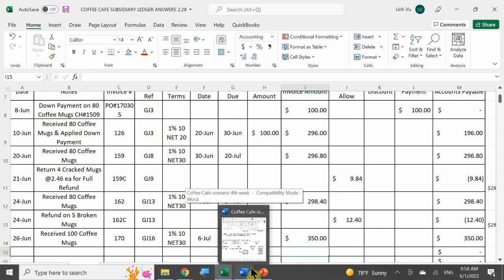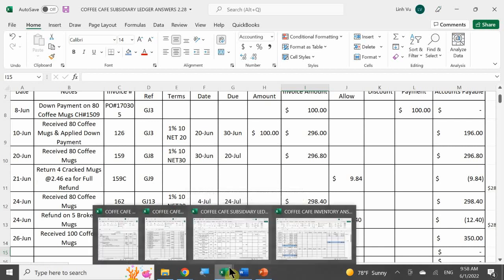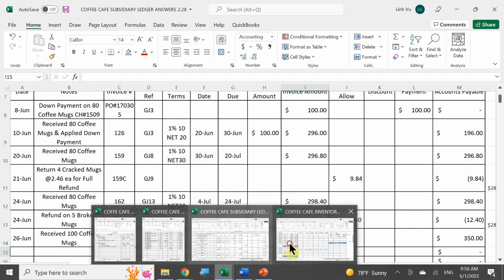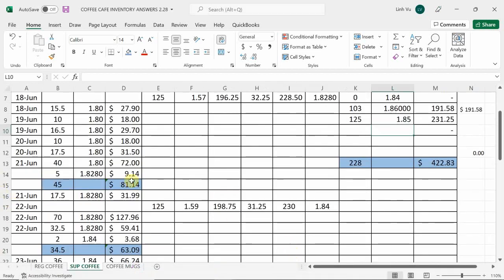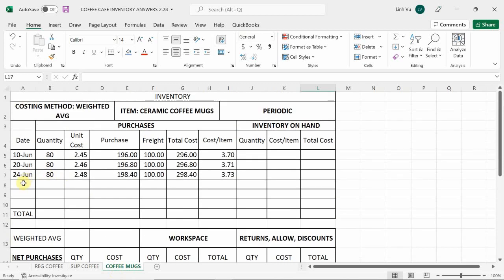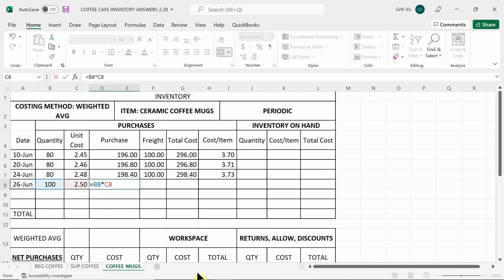And of course, last but not least, we need to go ahead and update our inventory worksheet, because we have ceramic coffee mugs. For periodic inventory, we like to do anything that has to do with purchases. So in this case, I purchased 100 cups at $2.50 each, which made it $250 plus $100 freight, made it $350.